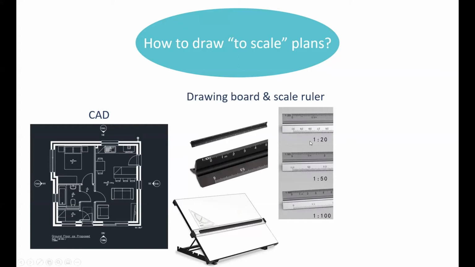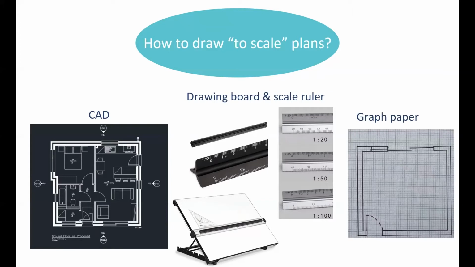It helps you reduce the scale of the drawing to fit on your paper. So 1 to 100 means for every 1 metre, it's 1 centimetre on the ruler. Then 1 to 50 is a little bit bigger drawing, where 1 metre is about 2 centimetres. If you want to draw really detailed drawings like joinery details, sometimes you use a 1 to 20 scale, but I won't go into this much detail for these videos, don't worry, I'll keep it much more straightforward.